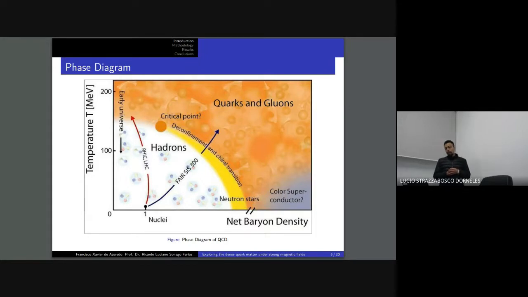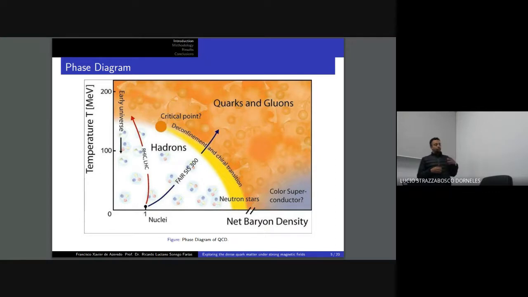So, here we have the phase diagram from QCD, where this diagram shows us the possible phases that quark matter can have. In the relation between temperature and density, we have the summary regions about these quantities.